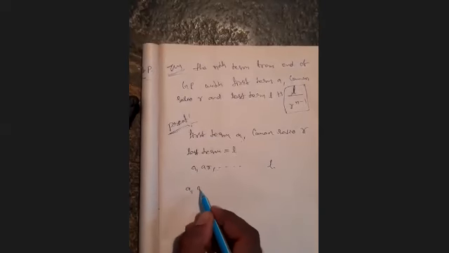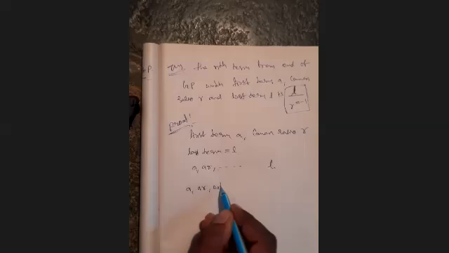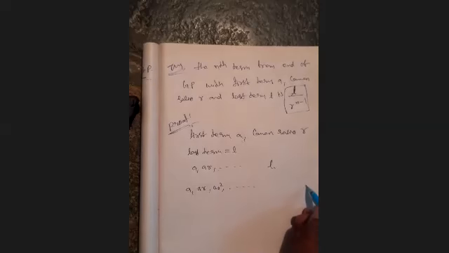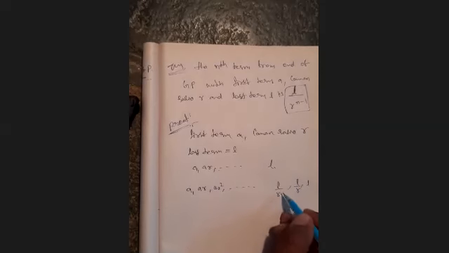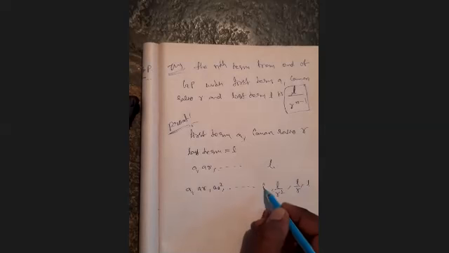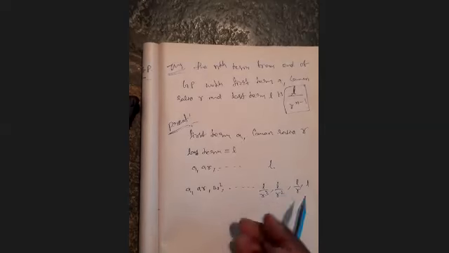But I told you just now: A, AR, AR square, and so on, up to L. And before L, I told you L by R you will get; before that, L by R square; before that, L by R cube. Like this you will get the terms, and I explained how we get them. That is only the explanation.